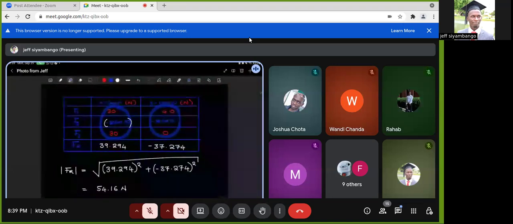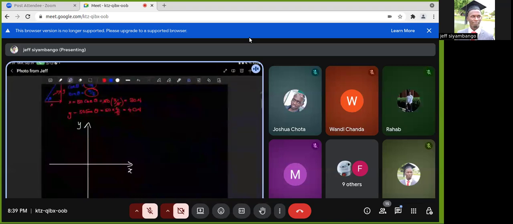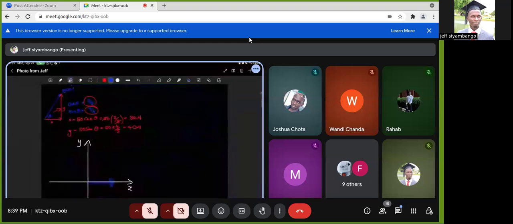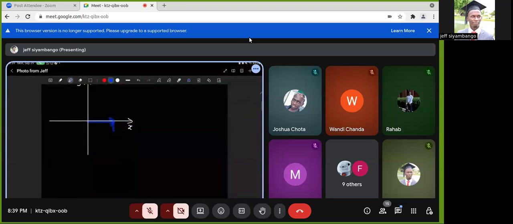The x component was positive, meaning the x component of the resultant was going to the right. So that is the x component. The y component of the resultant was negative, meaning it was pointing downwards. So these are the components of the resultant.